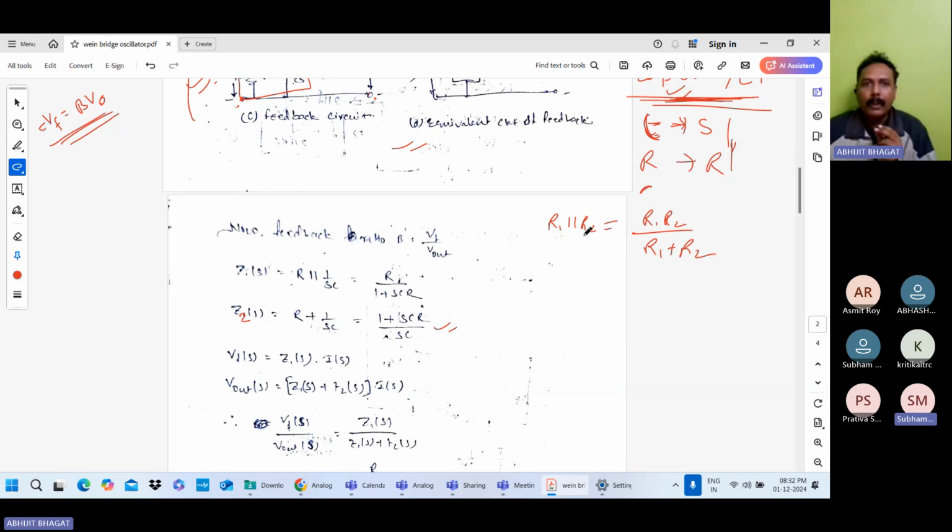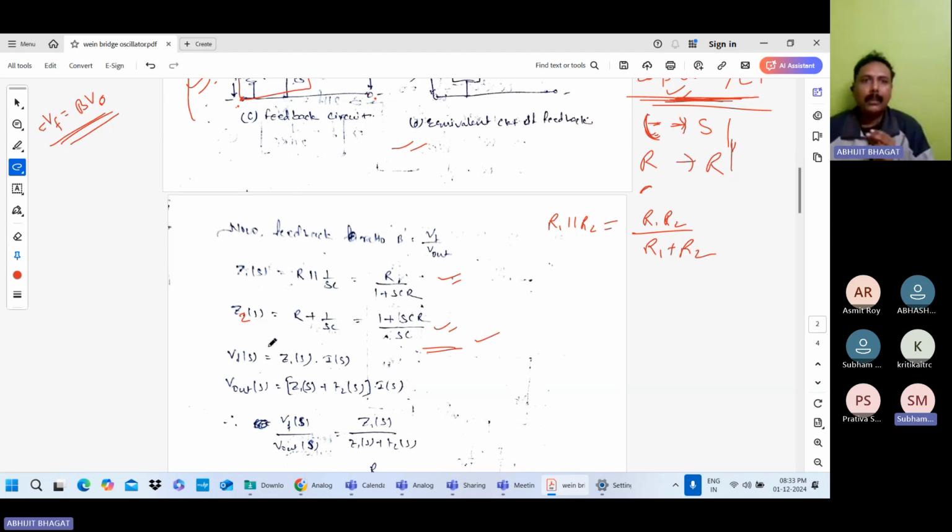So here your R2 is 1 by Cs. If you solve it, you will get R by 1 plus SCR. This equation and this equation, Z1S and Z2S. Up to this, okay it is. Just Z1S is R parallel with 1 by Cs, Z2S is R series with 1 by Cs.